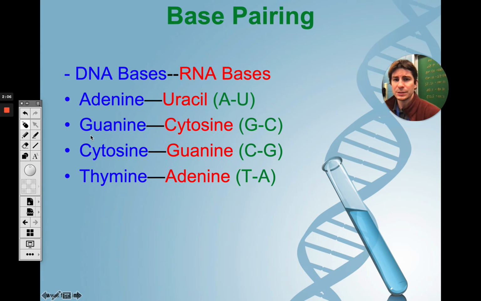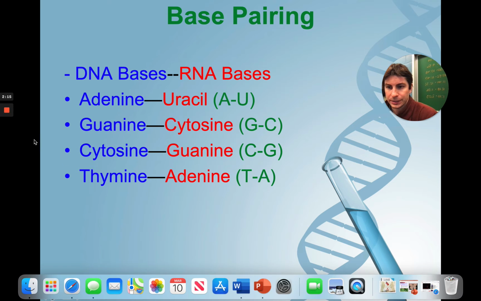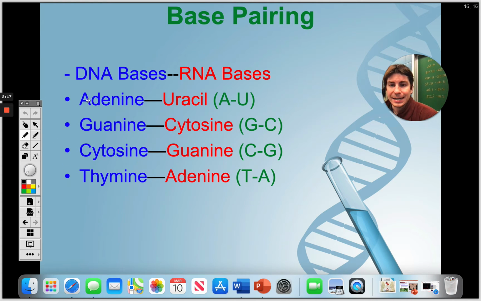So if we want to do base pairing, I put the DNA bases in blue and the RNA bases in red just to make it easy on you guys so you can see the difference. If we have A in DNA, that's going to go to U. If we have G in DNA, it's going to go to C. If we have C, it's going to go to G. So nothing changes with those two.